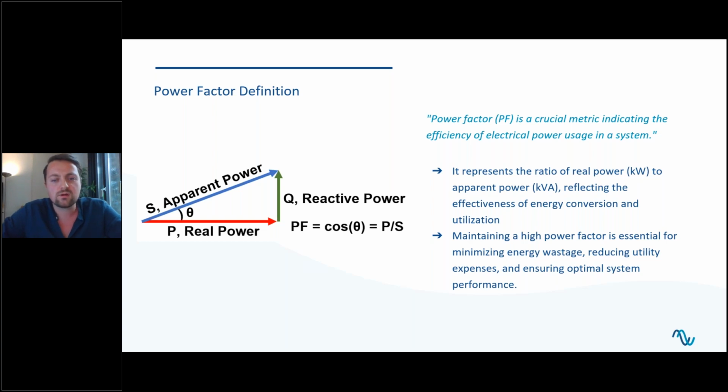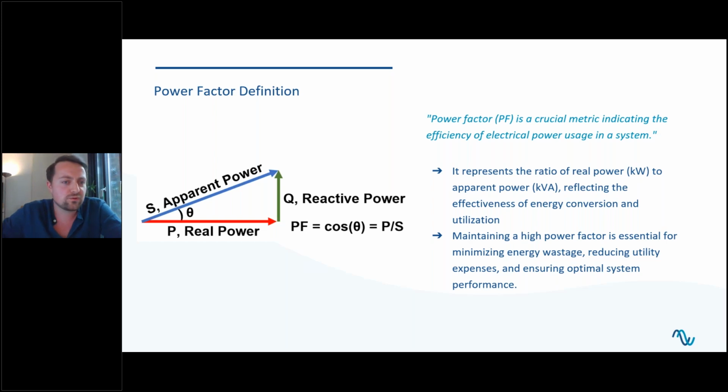The power factor can have a value between 0 and 1, with 0 meaning that it's fully reactive, so we don't have any active component, and 1 being the ideal power factor, also known as unity power factor. A power factor of 1 means it only has the real, useful component and doesn't have any reactive component in it.